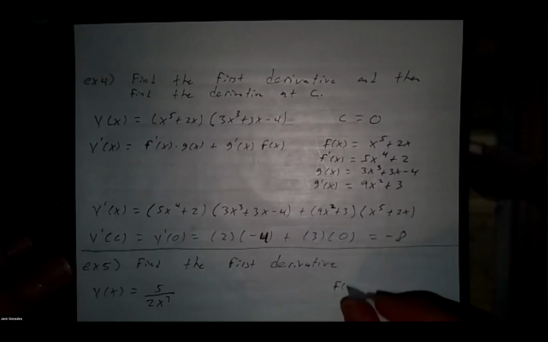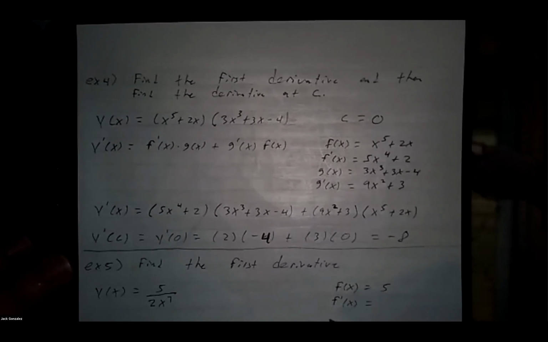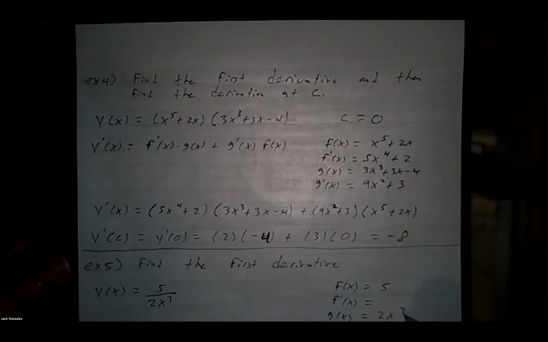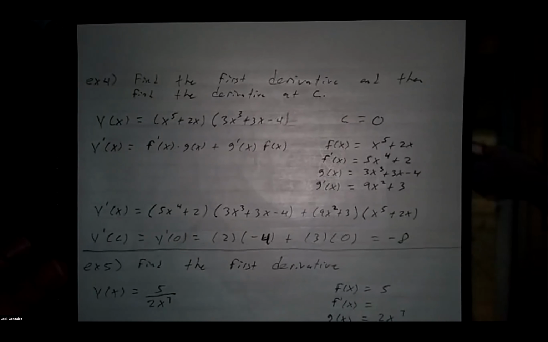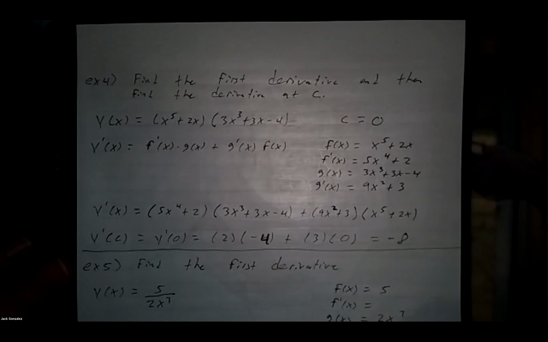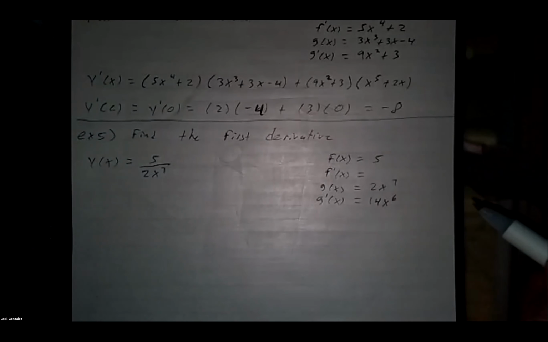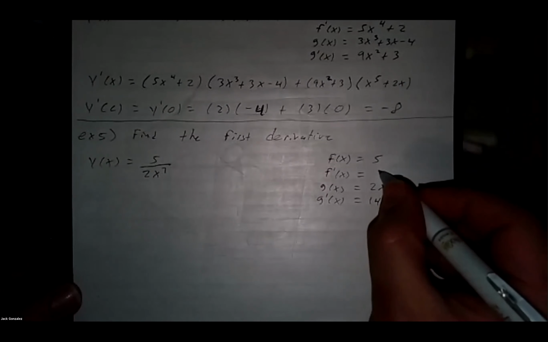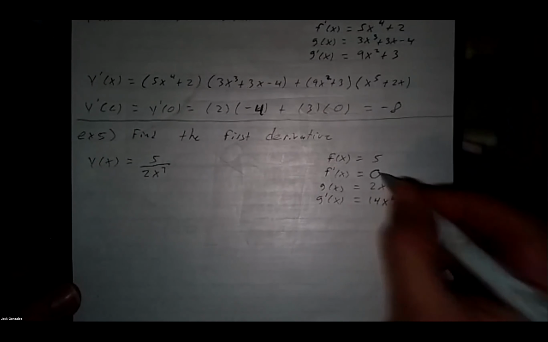So f of x would be the top. F prime is clearly going to be what? G prime will be 14x to the power of 6. And for F prime, it's going to be 0.